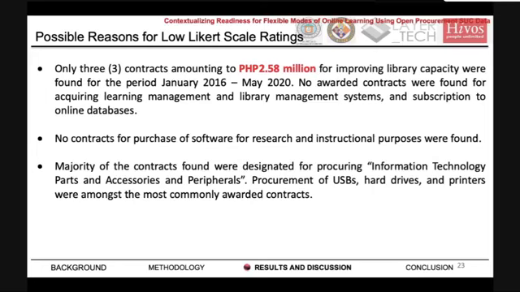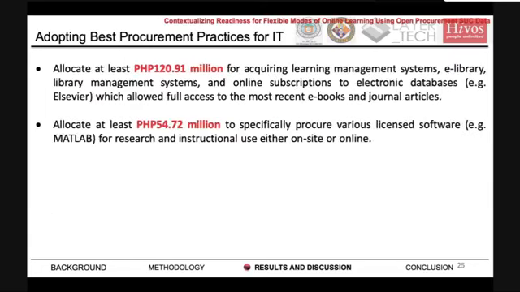No? And the last is 54.72 million must be allocated to purchase licensed softwares. So there you go. So these are the best practices of a fully capable SUC.